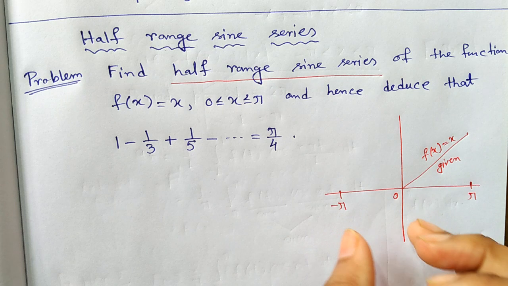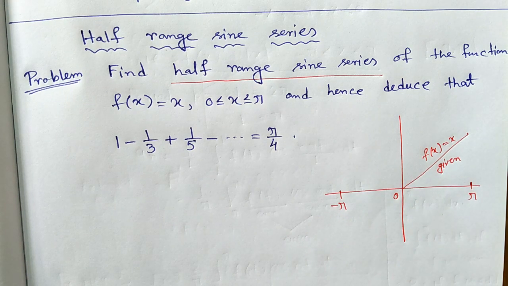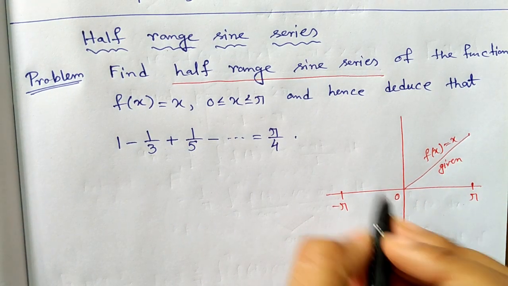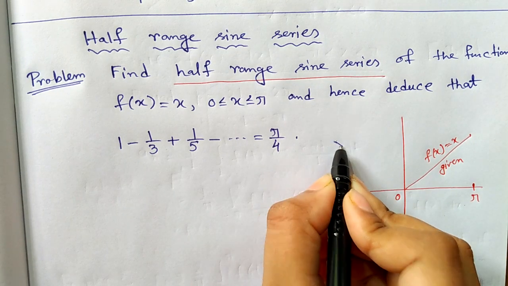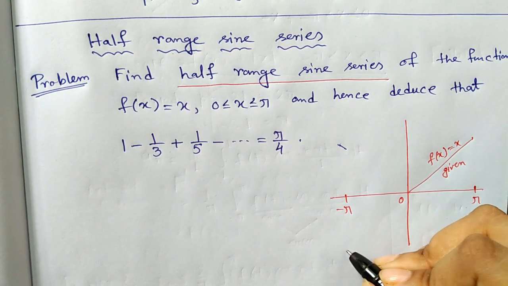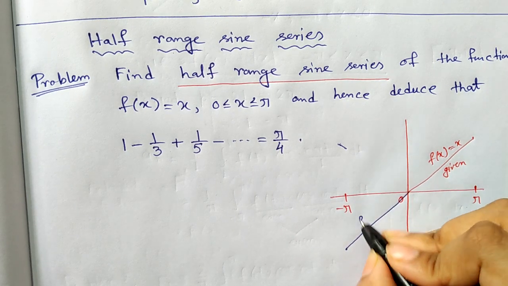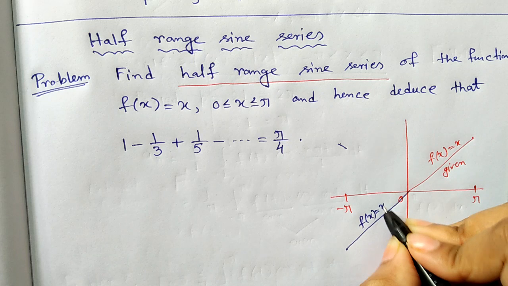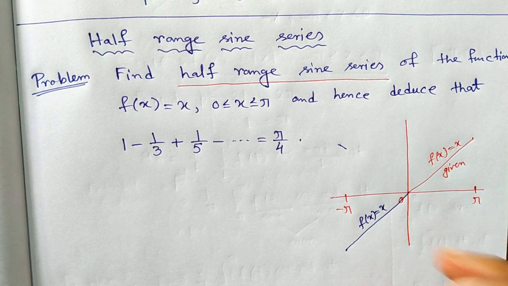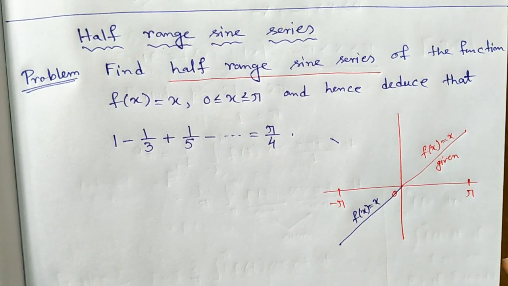So our extension will be an odd extension. In this part, the function is like this, f(x) equal to x.